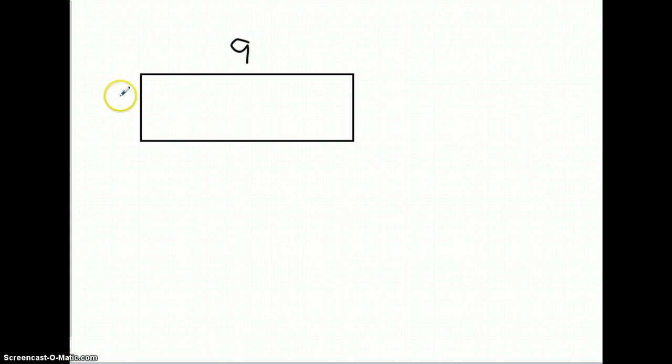And let's make this a 5. If I don't know what 9 times 5 is, I could break apart my 9 into something that's easier to do. Let's say I break it up into a 5. And what would this part be? This part would be a 4. Good, because if there's 5 rows here and 4 rows here, 5 and 4 still makes up my total of 9.